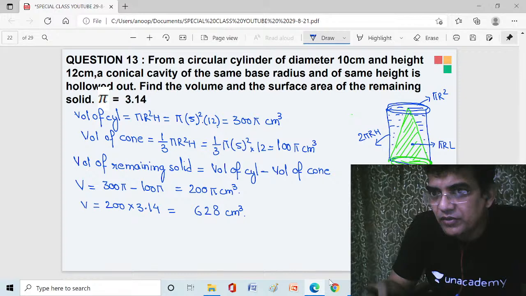So it is 5 pi, and within the bracket we have 24 plus 5 plus 13.